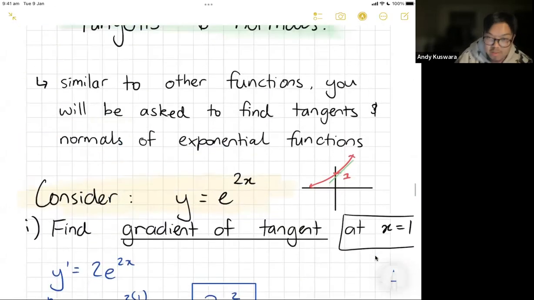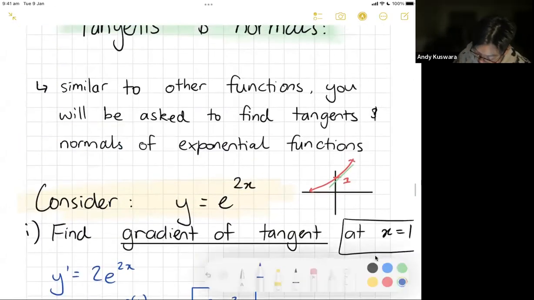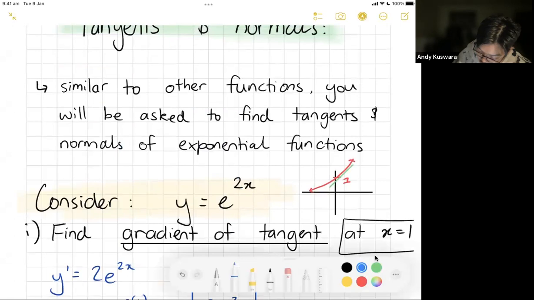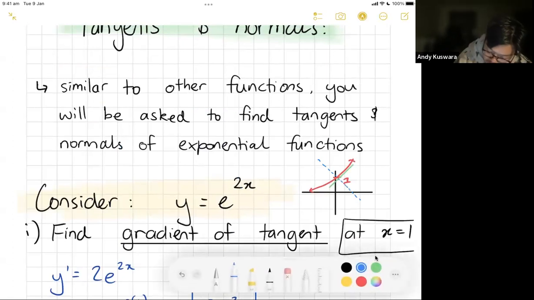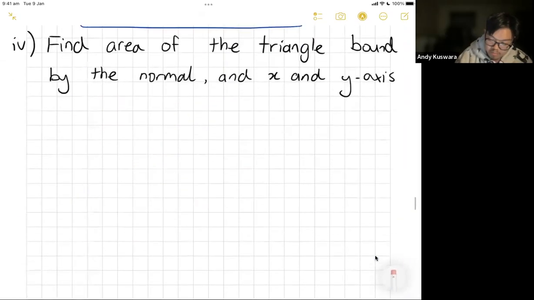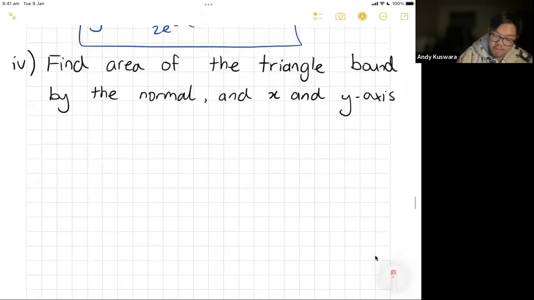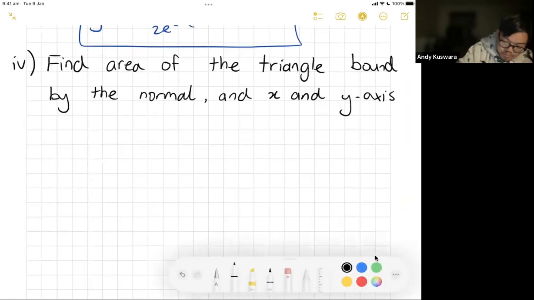If I go back to this tiny little diagram here, the equation of my normal will be that guy when x equals 1. Now, I haven't drawn a great job here. Find the area of the triangle bound by the normal and the x and y axis.